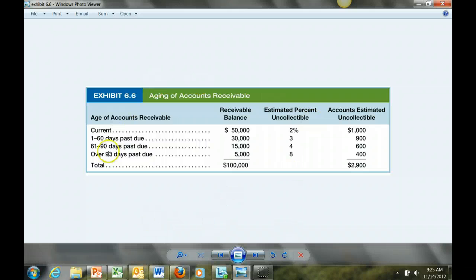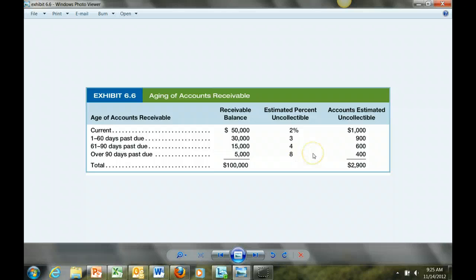And this is an example of a receivables collection schedule which accounts for the risk inherent of offering credit to customers. The firm estimated that certain percentages of accounts will be deemed uncollectible. And this pattern is typically based on estimates of past collections. So it's based on the history of accounts receivable collections.